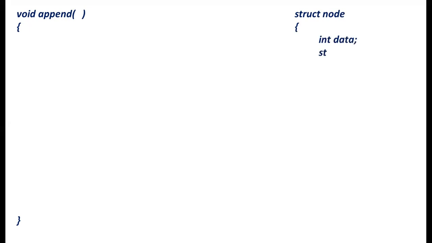It contains two fields. The first field is the data field, which is of type integer, and the second field is the link field, which is a struct node pointer type.